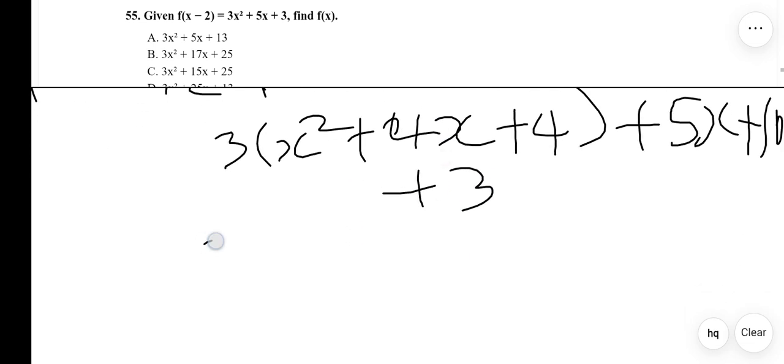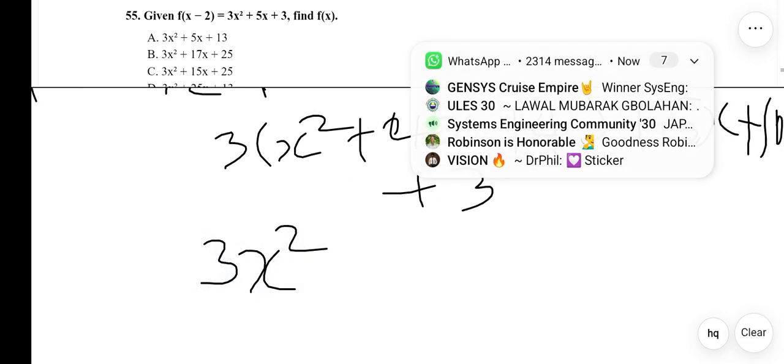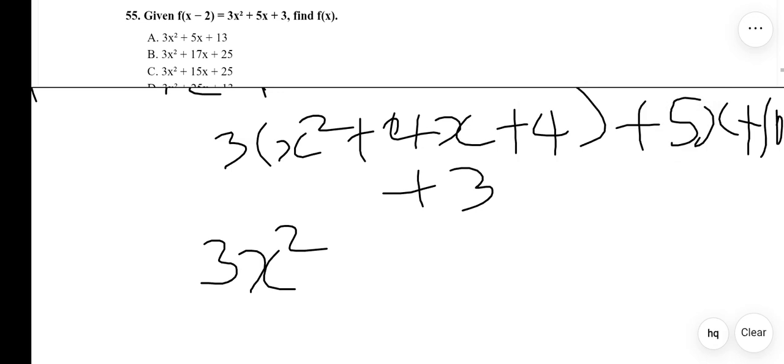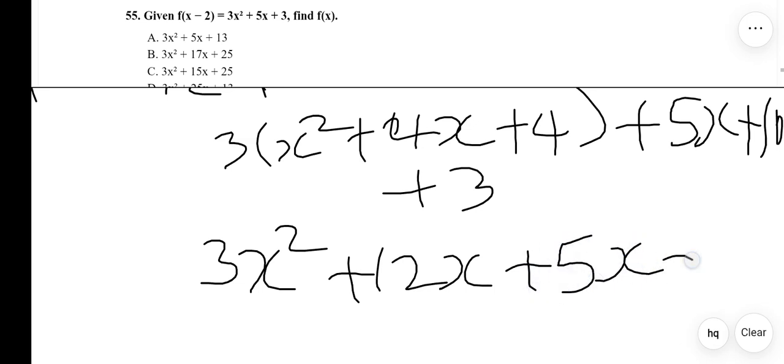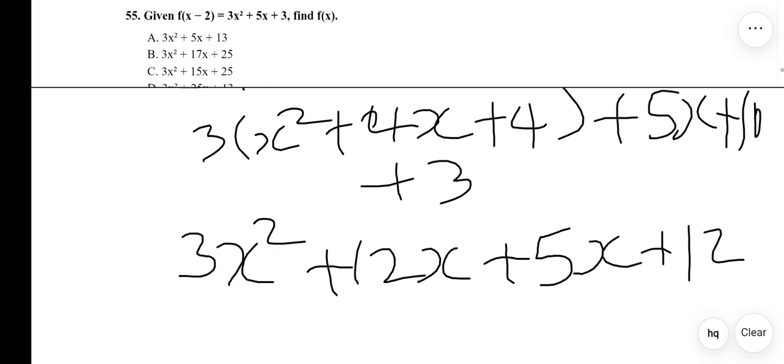So if I open the bracket fully, 3 times s squared will give me 3s squared, 3 times 4s will give me 12s, plus this 5s, then plus 4 that is here, okay, 3 times 4 is 12, then plus this 10, is it 10 that is here?